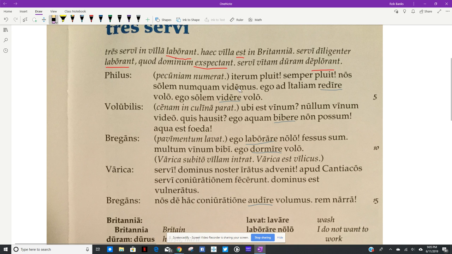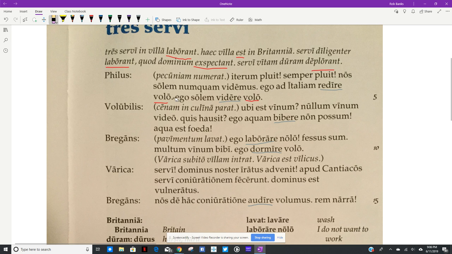Ego ad Italiam redire volo. All right, so here we have an infinitive, redire. And it looks like a fourth with that -ire, but this is actually an irregular verb. It's from that to go verb. So looks like a fourth ending, so I'll grant you that. So the conjugated verb is volo, right? So another volo coming up. I'll go ahead and mark. Right. So volo, I want to do something. So an infinitive would neatly complete that thought. So I want redire, to return.